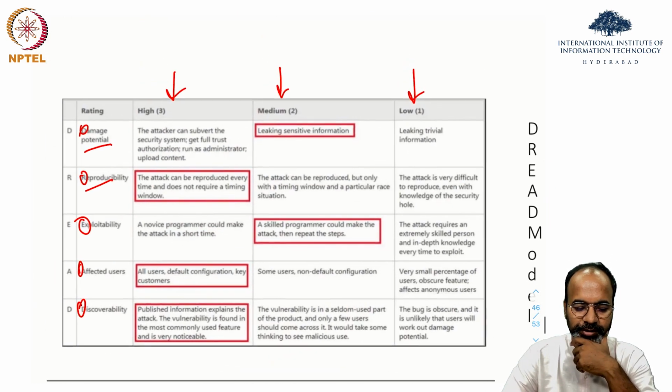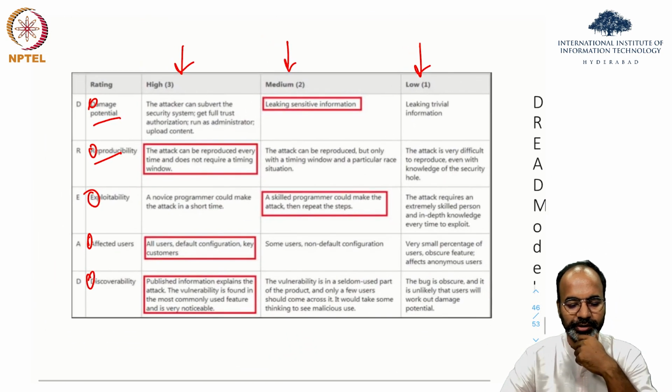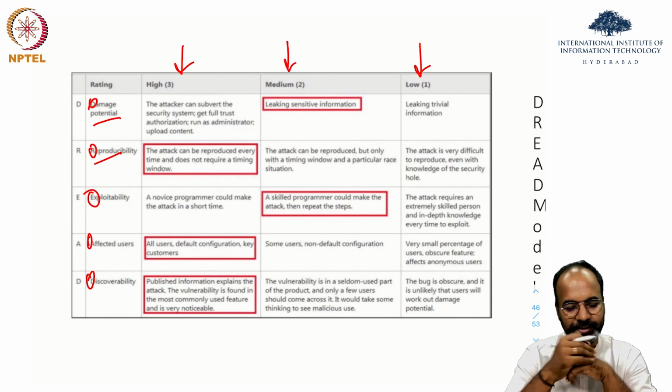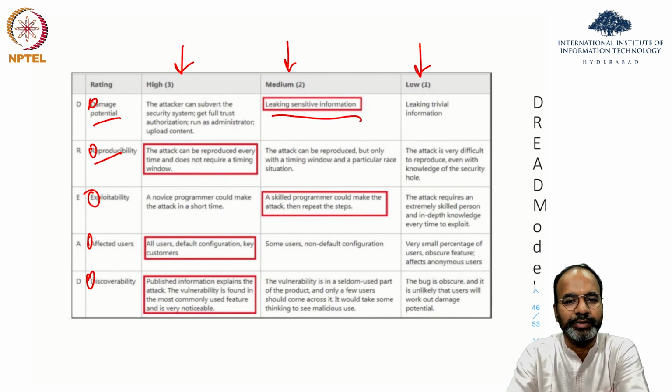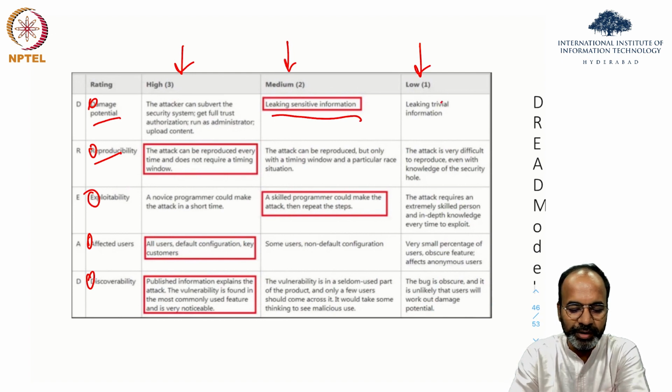Yeah, okay. So this one is the DREAD model. High, medium, low. The damage potential, the potential of making the attack, right? If it leaks sensitive information, because from the government websites you can get a lot of sensitive information. If it was low, it would be leaked trivial information.